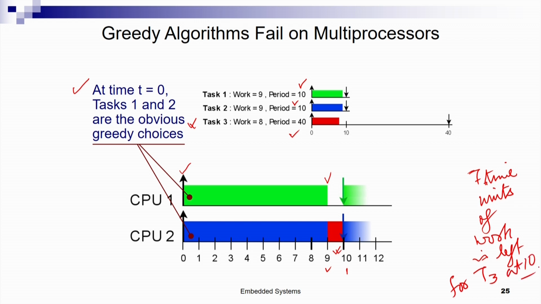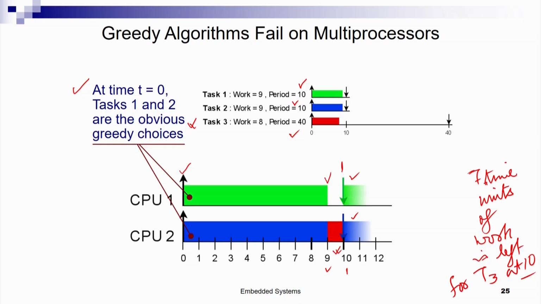Then at 10 the next jobs of T1 and T2 arrive again. So again T1 and T2 are the best greedy choices, and T3 does not get a chance. T3 again gets a chance at 19, because both T1 and T2 will finish at 19, and then between 19 and 20, in that time slot, T3 will execute for 1 unit again.